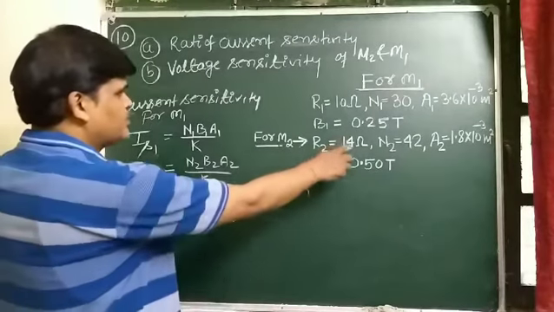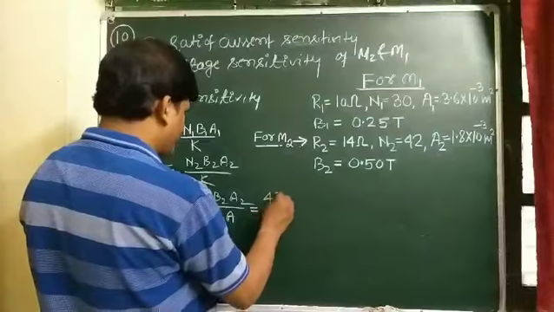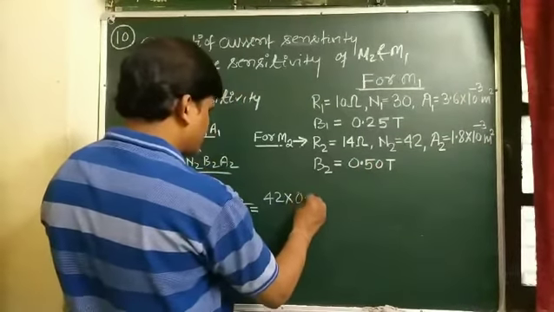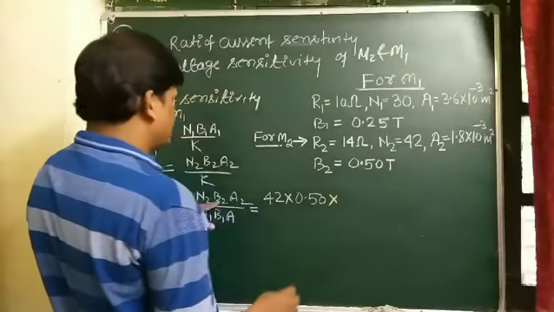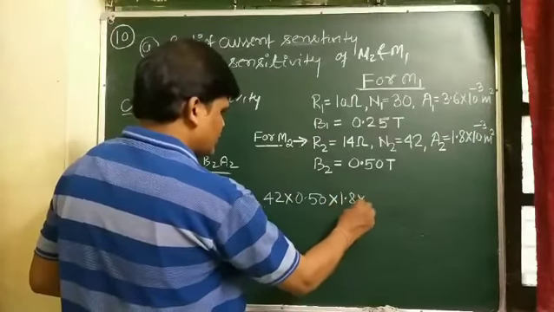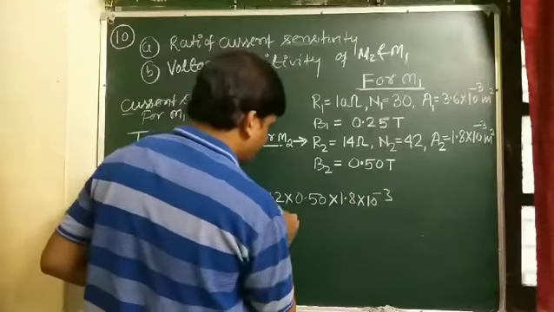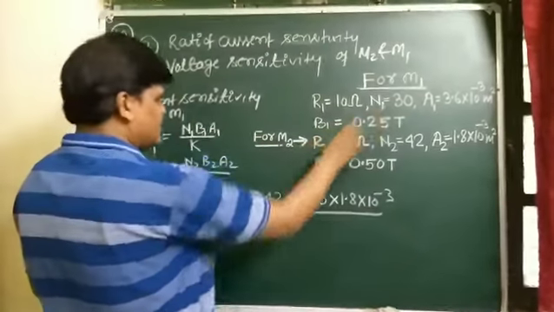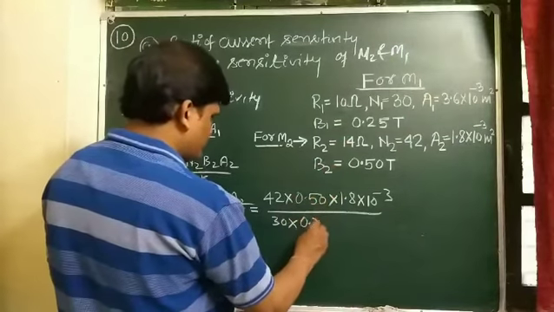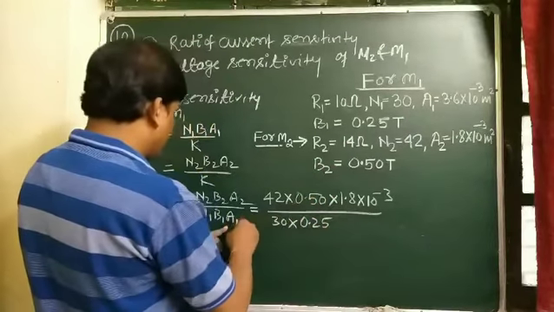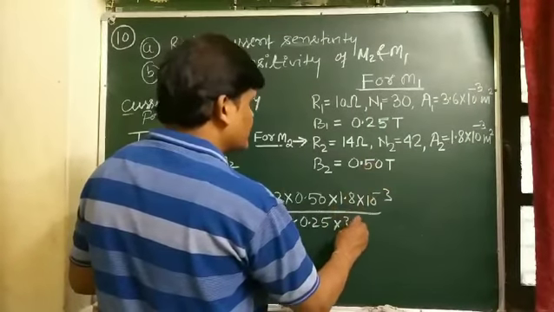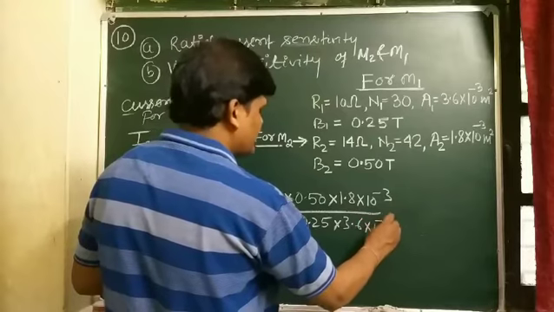So N2, student, is given as 42. B2 is 0.50. A2 is 1.8 into 10 to the power minus 3. N1 is 30. B1 is 0.25. A1 is 3.6 into 10 to the power minus 3.